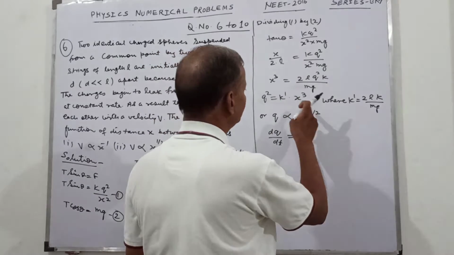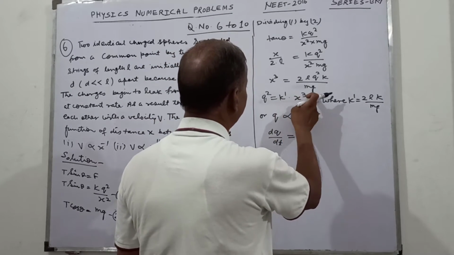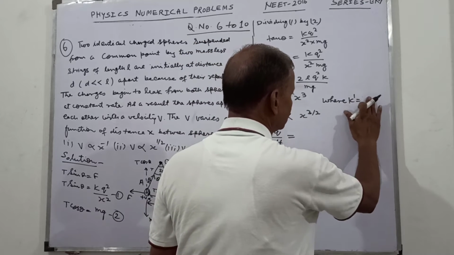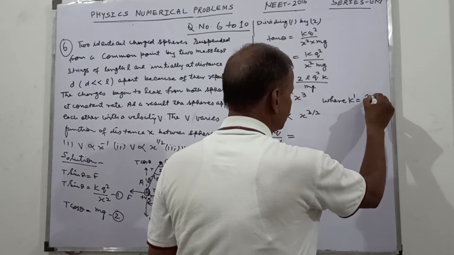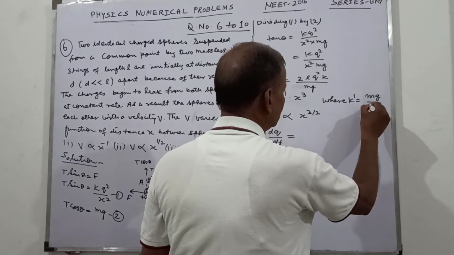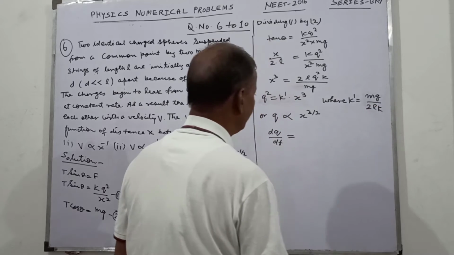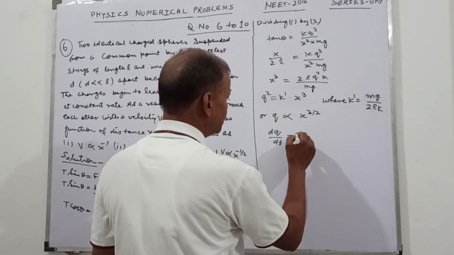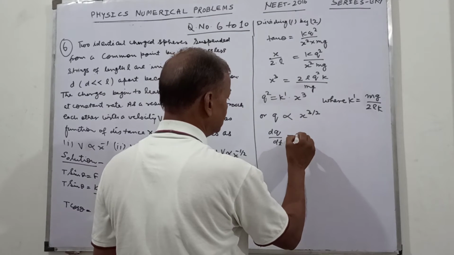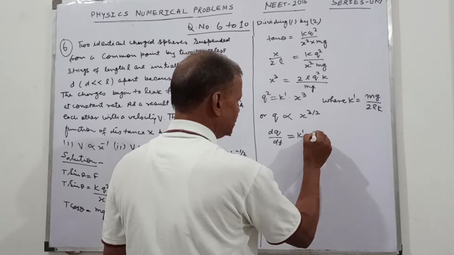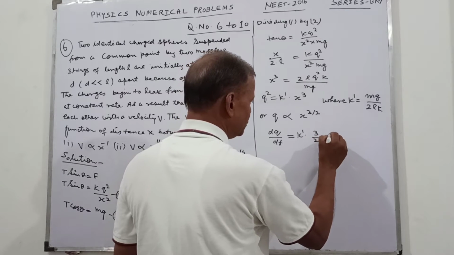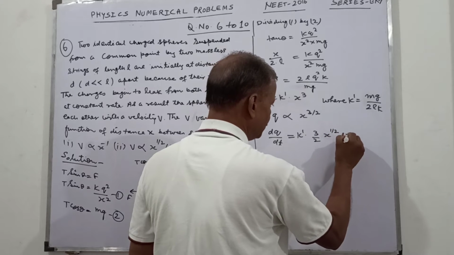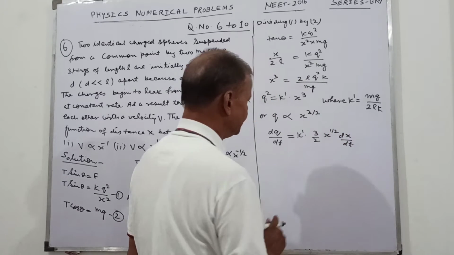So this will be equal to, the k dash is equal to mg upon 2lk. So this is equal to the constant k dash into, this is now your 3 by 2, x raised to power half into dx upon dt.